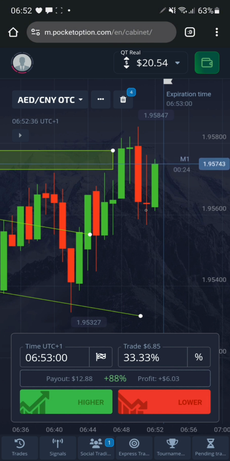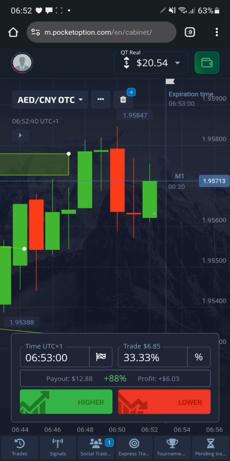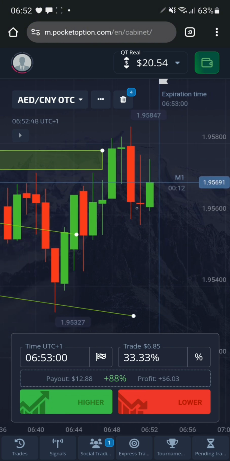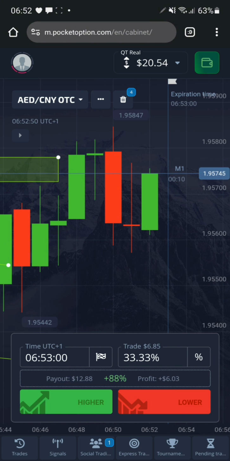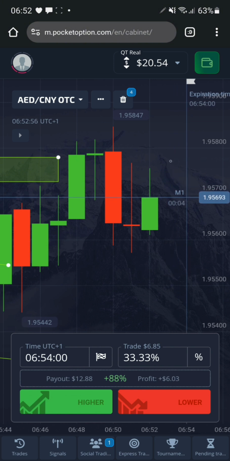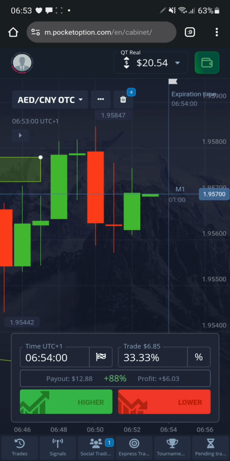The price came up and made a doji candle. Now, because this doji is in a supply area, it's most likely going to be a swing doji. It may not be the regular doji, but if this price breaks this doji and closes above here, I'll go with the sellers. But if it doesn't, then I'm not going to take the trade.